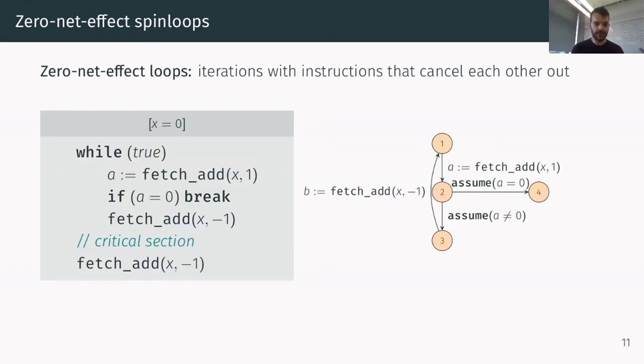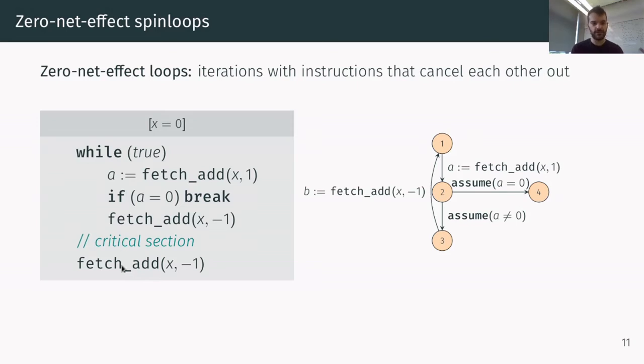And here I have an example of such an implementation. So X is our lock. This is our locking method. Then there is some critical section, presumably, and this is our unlock. So what this lock does is that it tries to atomically increment X. And if the value that it read before the increment was 0, then this means that it acquired the lock, and this thread can proceed to the critical section.